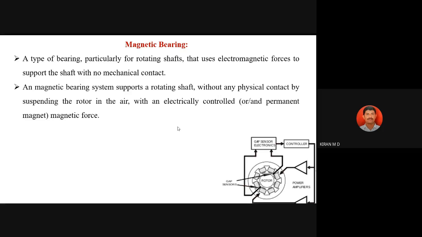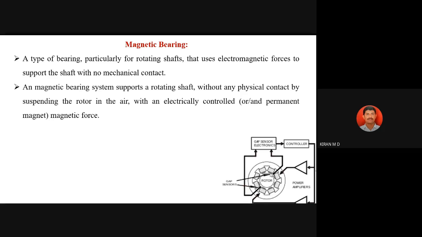A magnetic bearing system supports a rotating shaft without any physical contact by suspending the rotor in the air with an electrically controlled or permanent magnetic force. Here you can see the figure. This is the rotor, and rotor means the shaft. The surrounding part is the bearing.